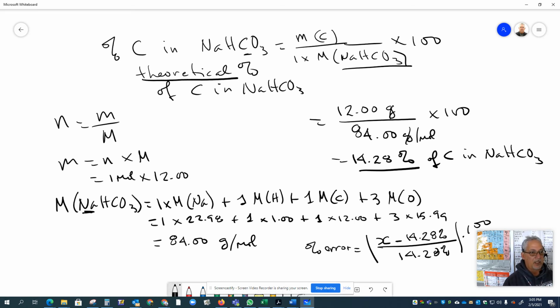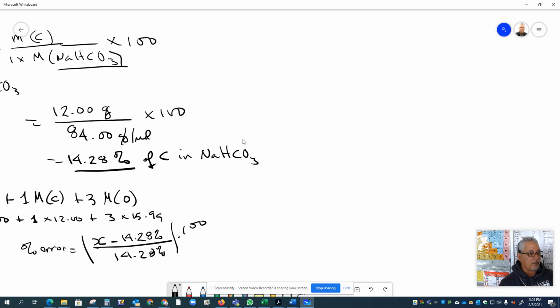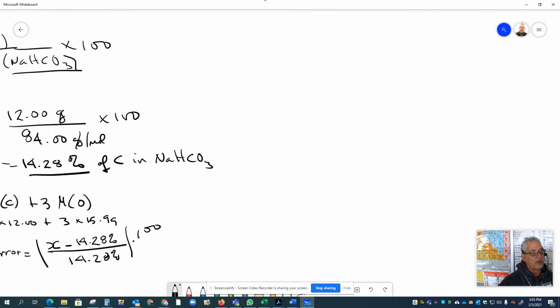Or if you want to find also the actual yield, let me see if I can move my page to the left. Yes, you can. If you want to find the actual yield, you can do the following. Percent yield, which is another calculation, will be equal to the actual yield, the one that you got in your experiment, over the theoretical one times 100.